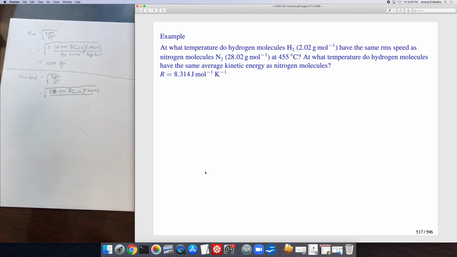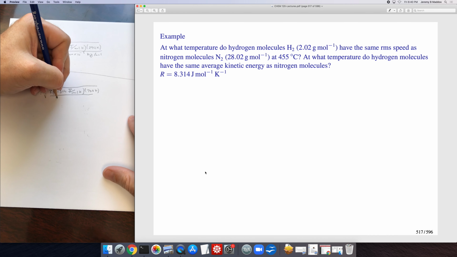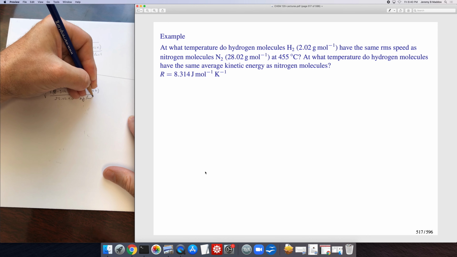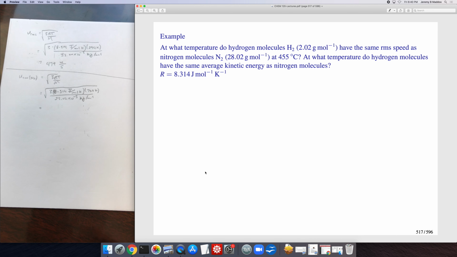Divide that by 28.02 times 10 to the minus 3 kilograms per mole. So we'll get that speed.